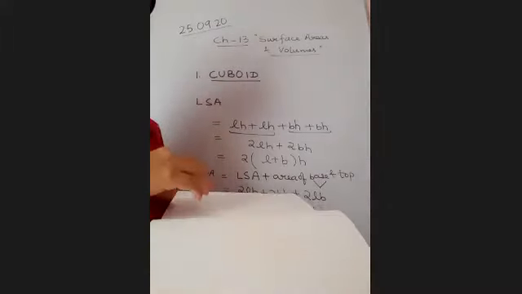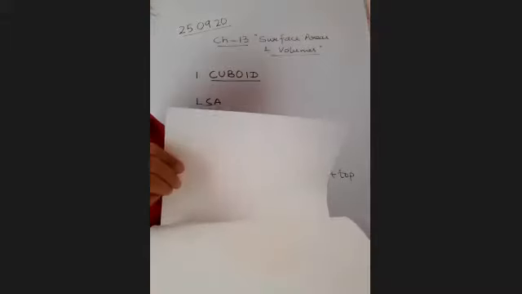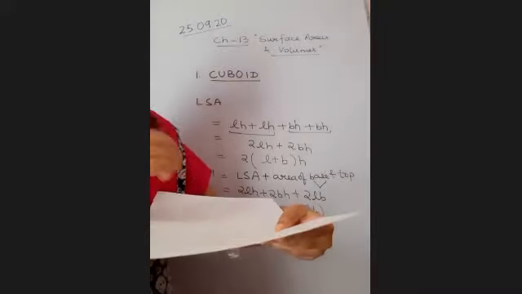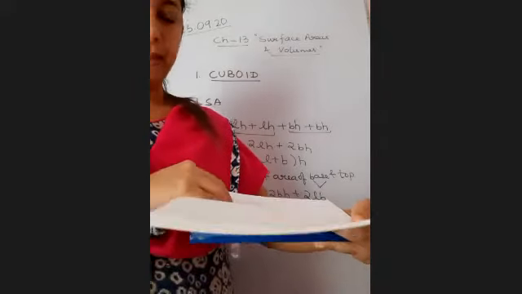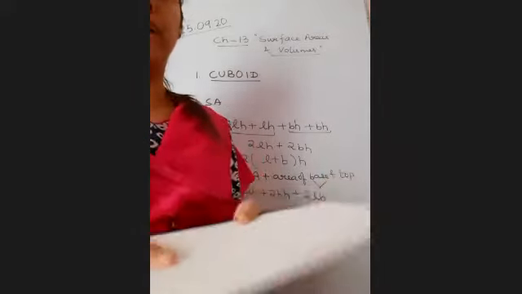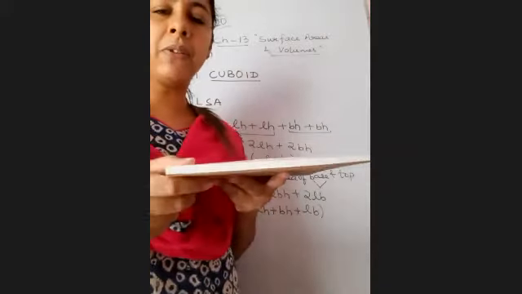If I take three sheets, it will be 3LB. Four sheets, 4LB. Ten sheets, 10LB. 50 sheets, 50LB. And if I take 200 sheets, it will be 200LB.